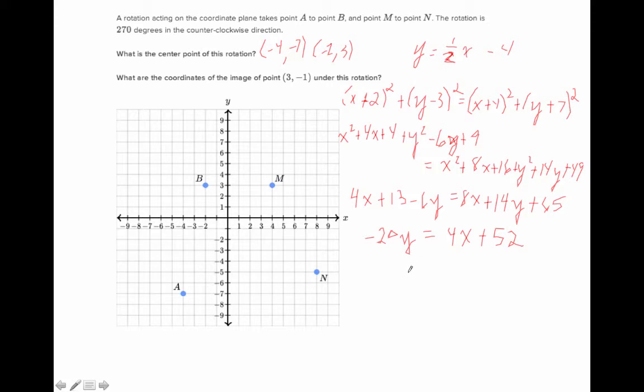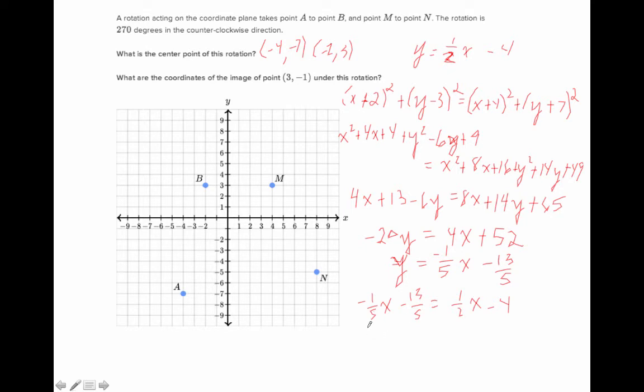Then we divide everything by negative 20, and we get y equals minus 1/5 x minus 52 over 20, which is 13/5. So minus 1/5 x minus 13/5 equals 1/2 x minus 4.